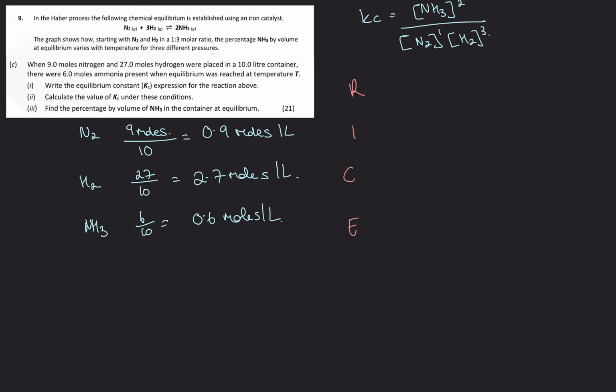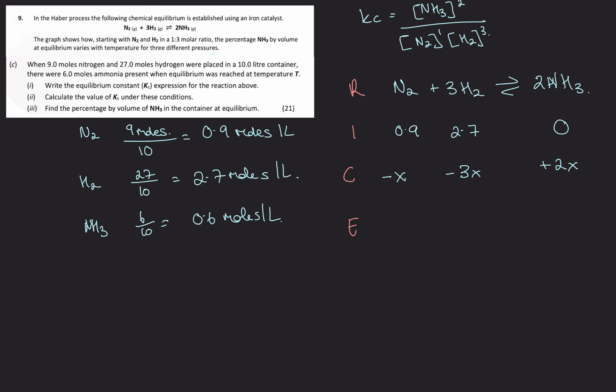So we have our reaction, our initial concentrations, and the change. So again, there's a 1 in front of it, so we're just going to go minus x, minus 3x, and gains 2x.